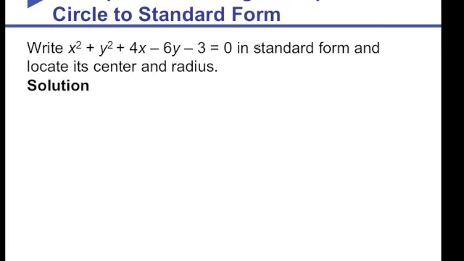We have the equation. We want to write it in standard form and locate its center and radius. To do that, I'm going to group the x's and the y's together. We're actually going to do completing the square.